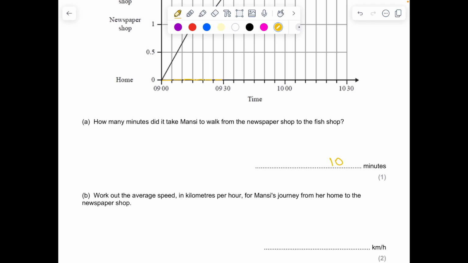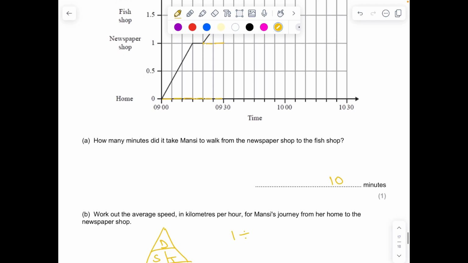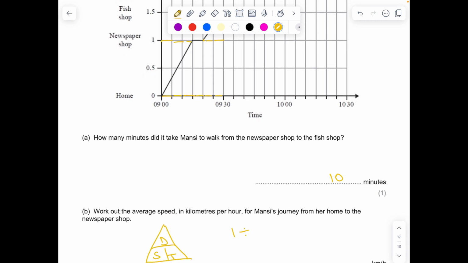Remember, speed is distance divided by time. So we can see that to get to the newspaper shop, it was 1 kilometre away, and it took her 1, 2, 3. So that's 15 minutes.